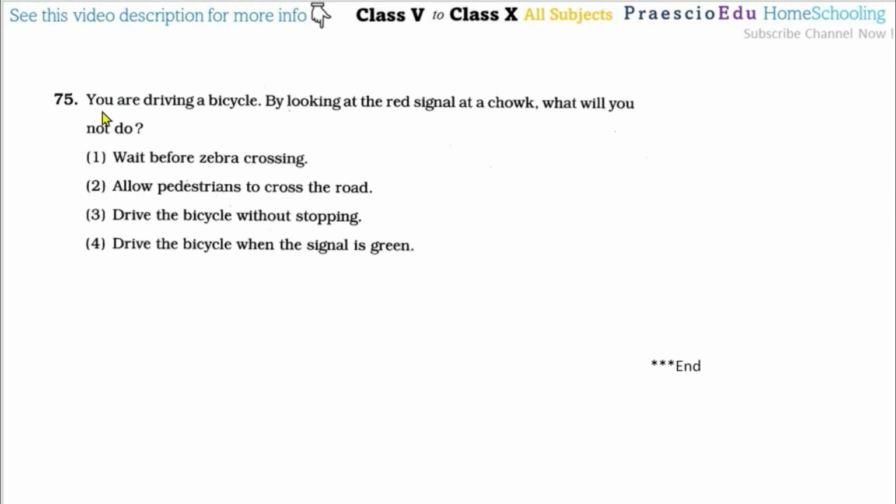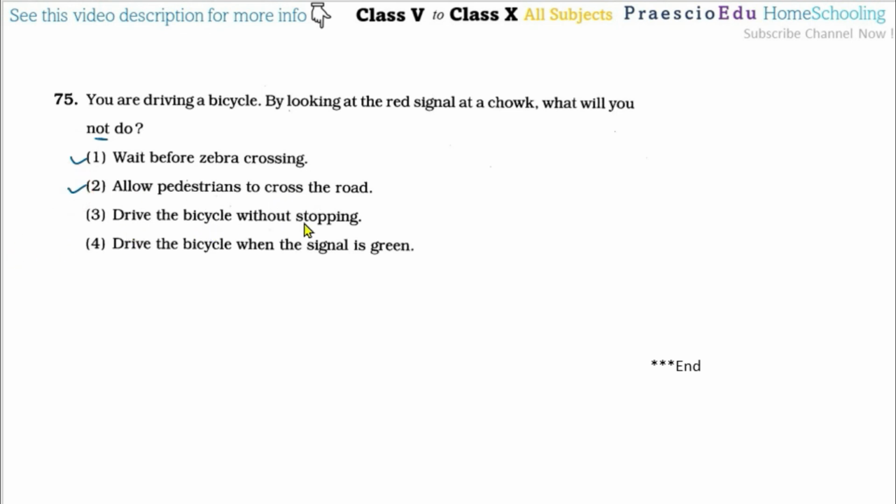Then question number 75. You are driving a bicycle. Seeing the red signal at a crossing, what will you not do? Here, wait before the zebra crossing, yes, you will do it. Allow pedestrians to cross the road, yes, you will do this one.